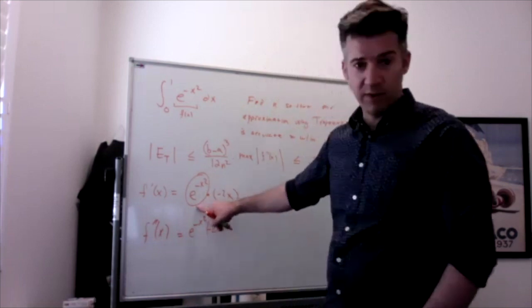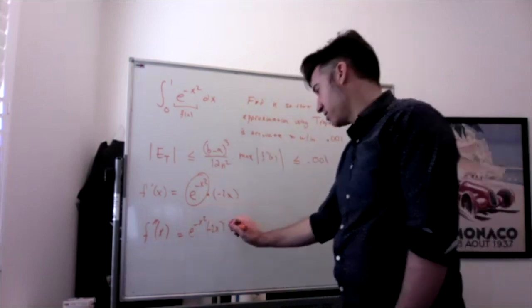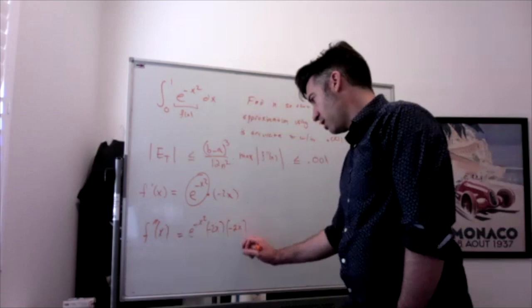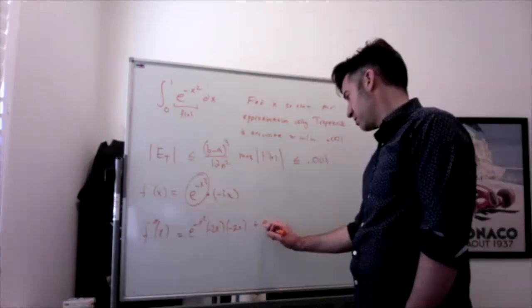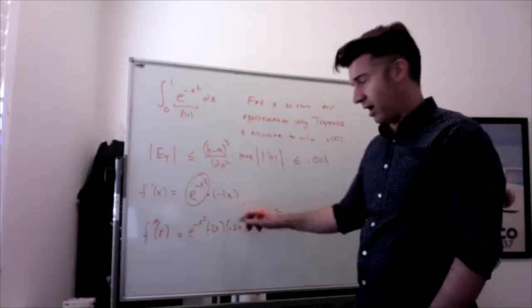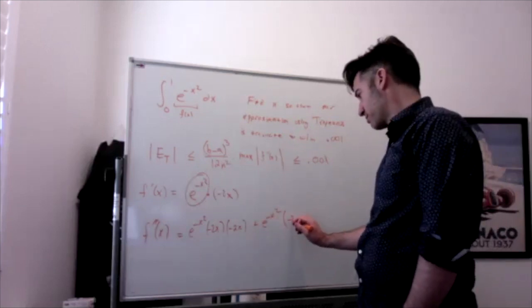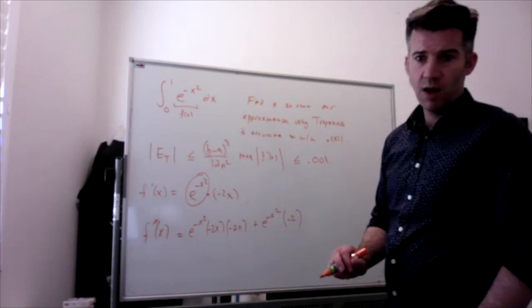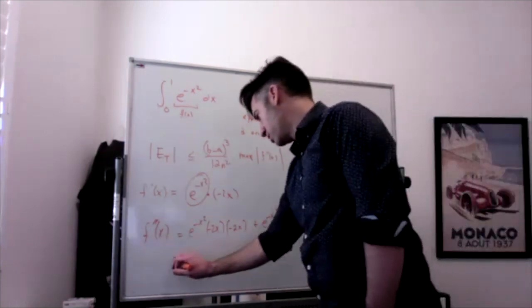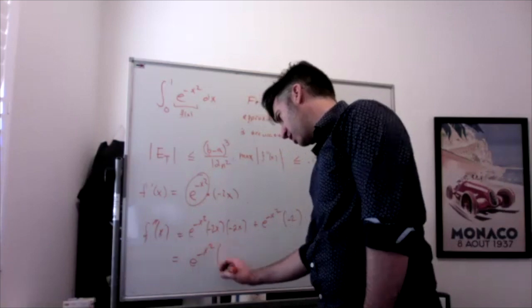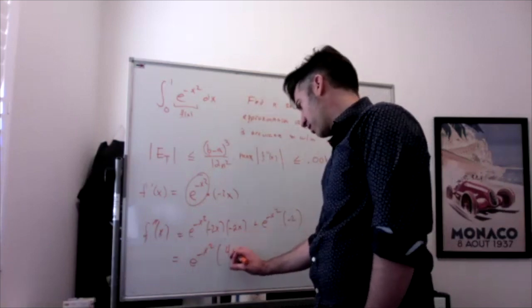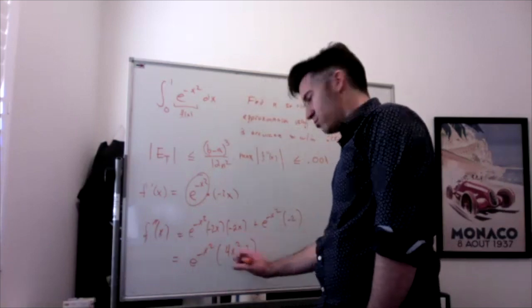But then you have to multiply the derivative of that by that. And then plus, now it's that, times the derivative of that. Which is equal to, let's see, I can factor out e to the negative x squared. It's e to the negative x squared times 4x squared minus 2.